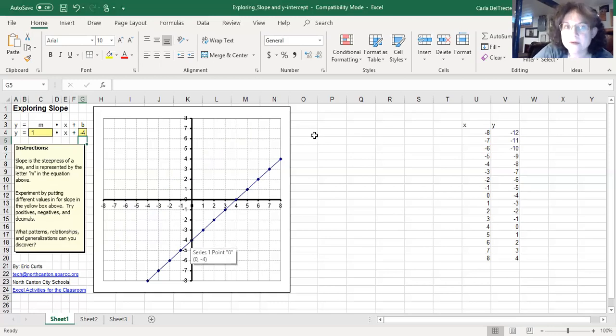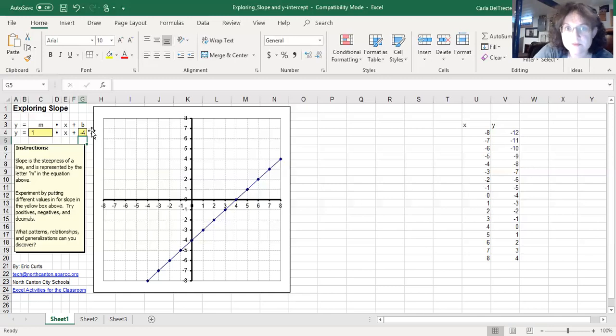Why is that happening? That's because anytime we plug 0 in for x, this whole term is going to disappear, and I'm going to be left with whatever this number is. So this constant is always going to be our y-intercept. So we just discovered that two features of a line are the slope and the y-intercept.